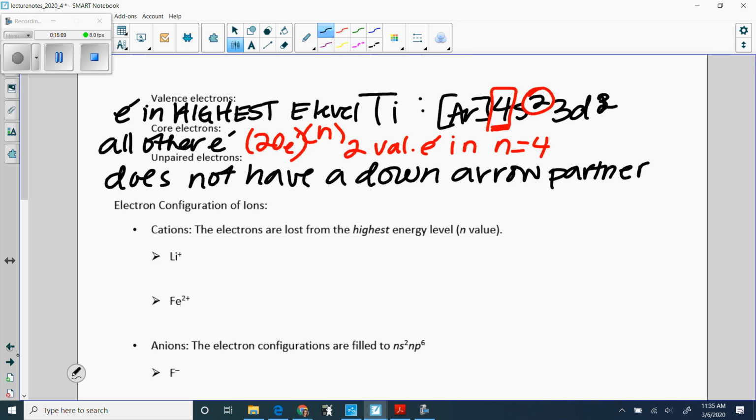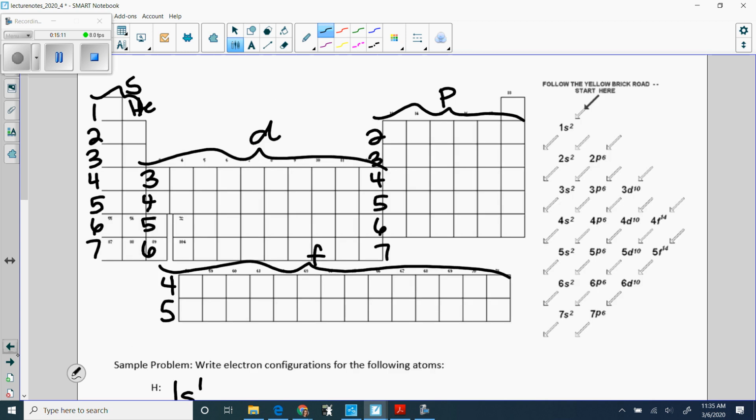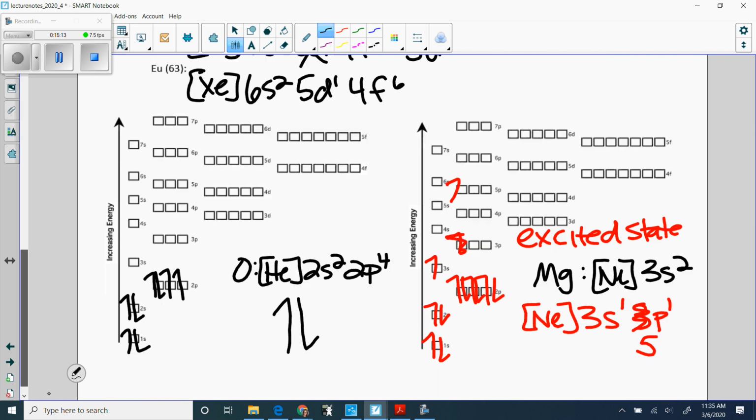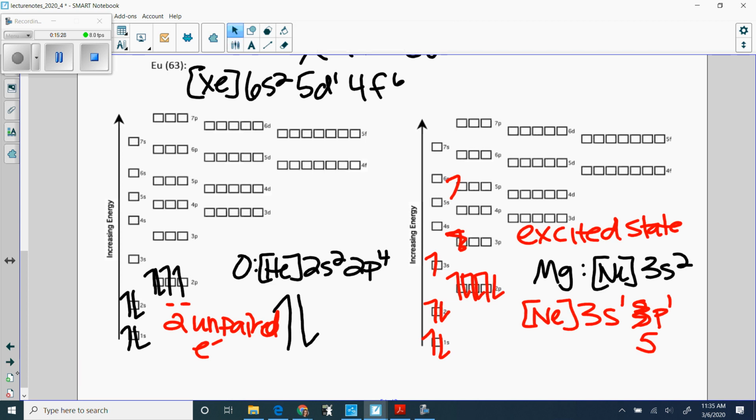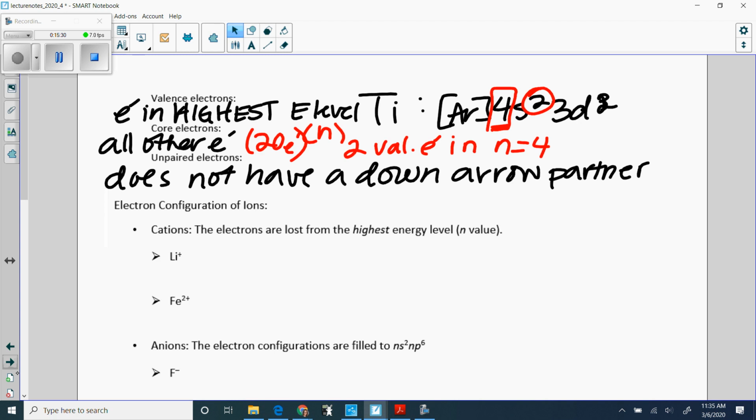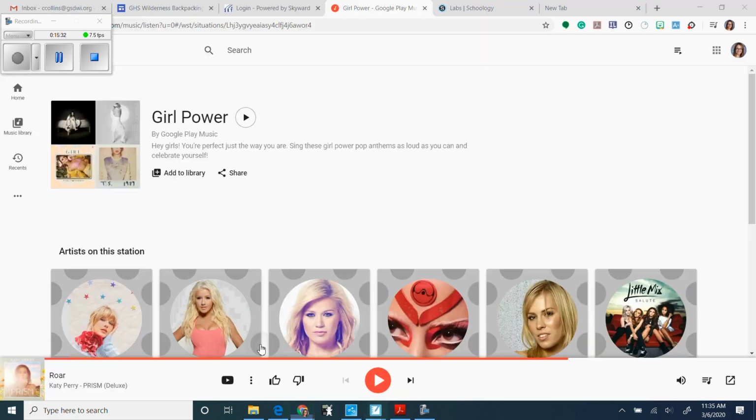If you flip it back, let's look at oxygen. Oxygen has 2 unpaired electrons. Pair means 2, unpaired means it only has 1. When the music starts, please go through all 3 of those definitions. Let me make sure they understand what highest means. Ready, go.